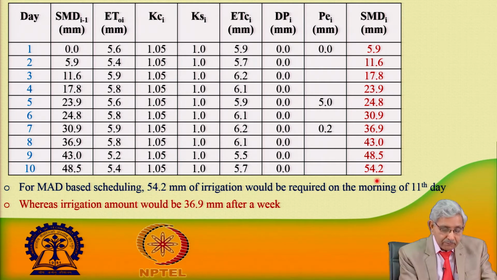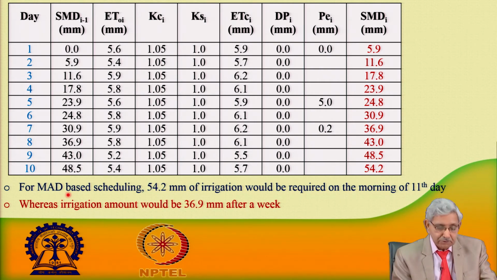So, for management or maximum allowable deficit based scheduling, 54.2 millimeter will be the irrigation depth that would be required in the morning of 11th day.